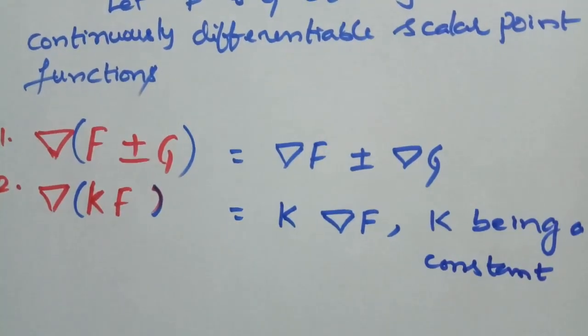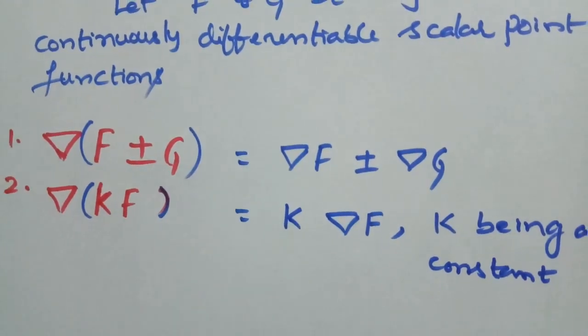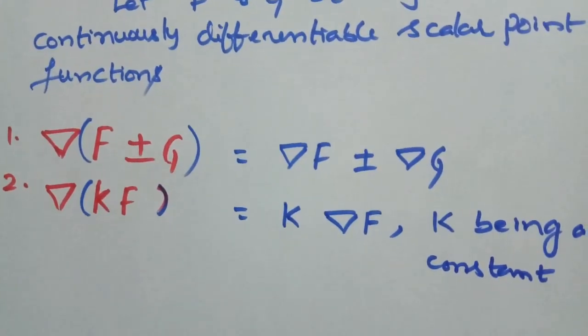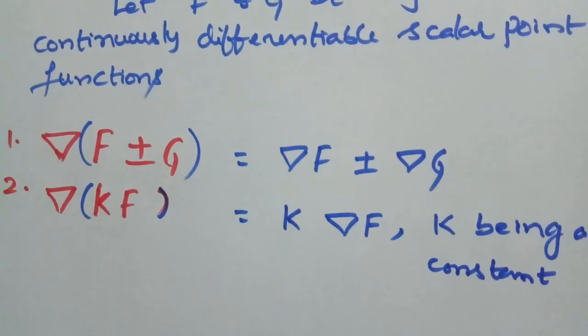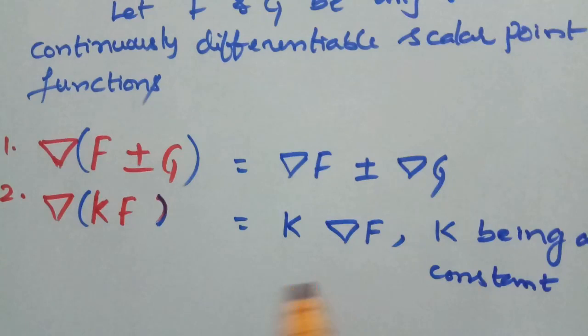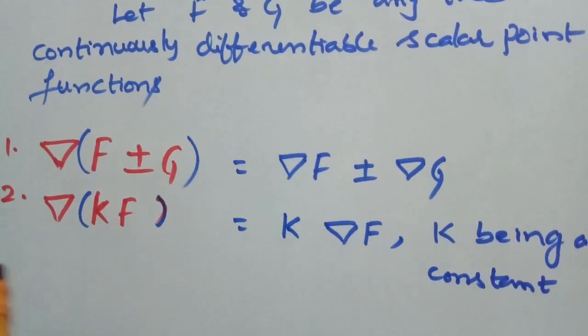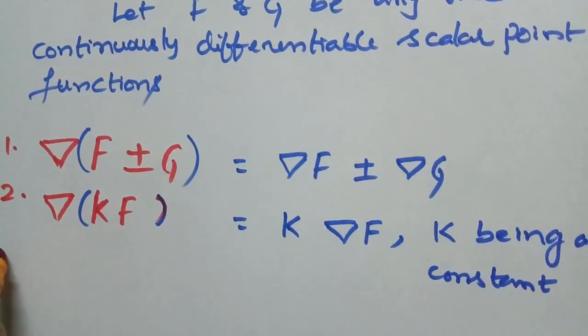So dou by dou x of k into f of x, y is equal to k into dou by dou x of f of x, y. Here also the same kind of property. So k into del f, as del consists of partial derivatives.